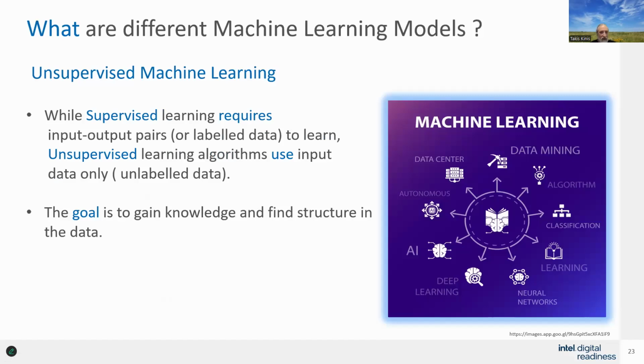What's interesting about this is this requires some labeled data to begin to learn what the unlabeled data is. This is kind of weird, right? So when they say input and output pairs, what they're saying is, given this input, what is the output? All right, well, given this input, what's the output?